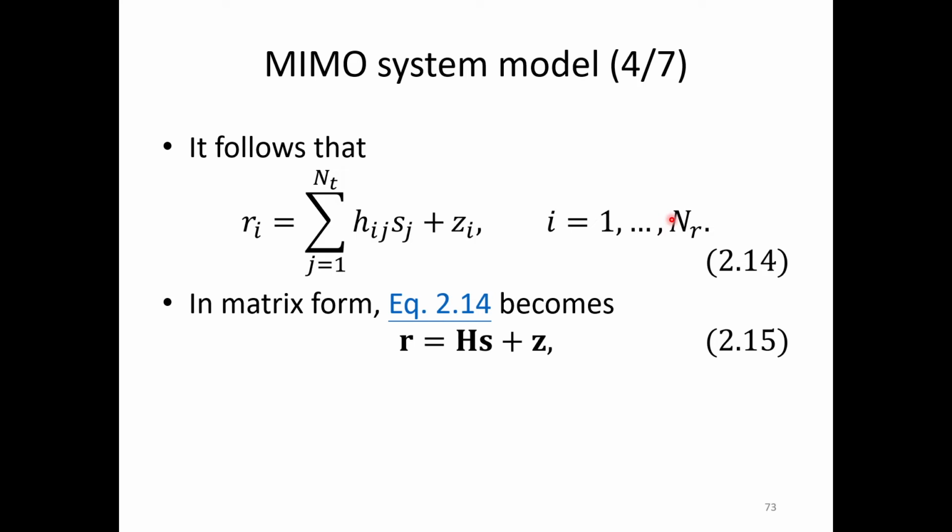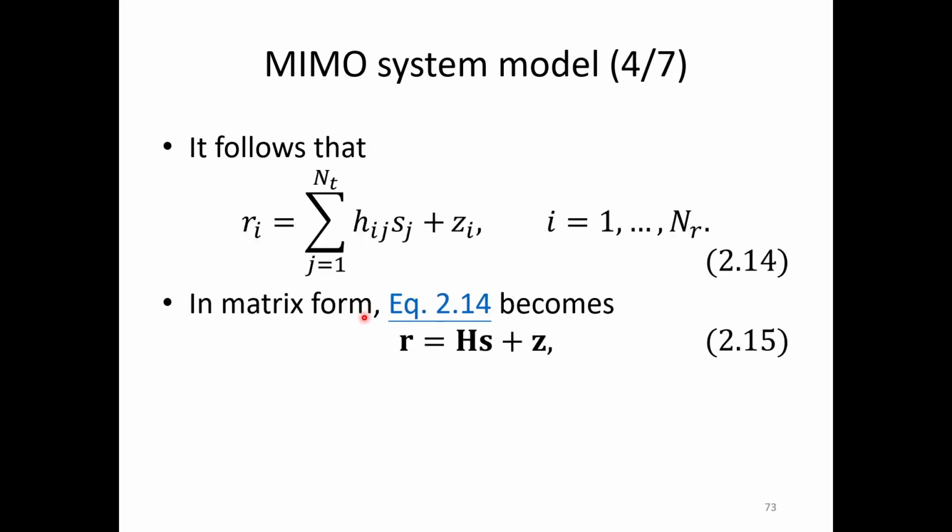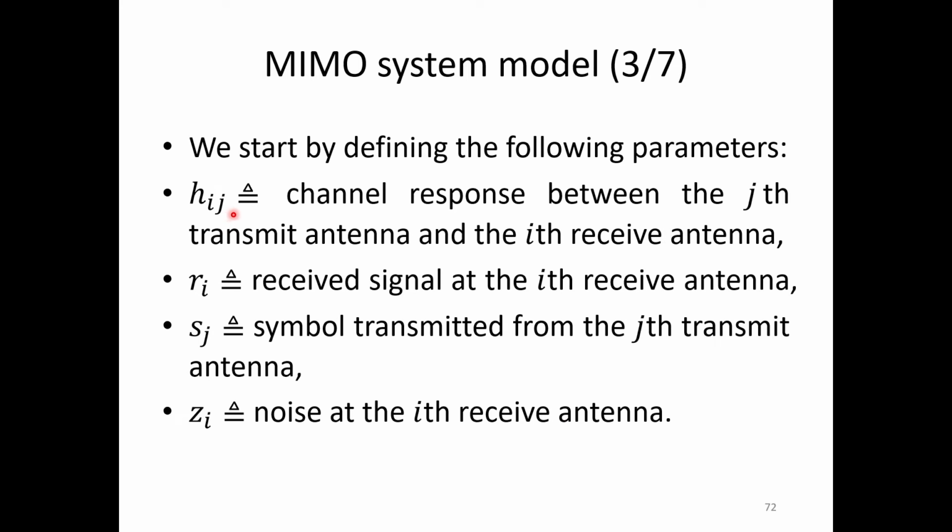Sj, let us review it: a symbol transmitted from the jth transmit antenna. And Hij is the channel response between the jth transmit antenna and the ith receive antenna.